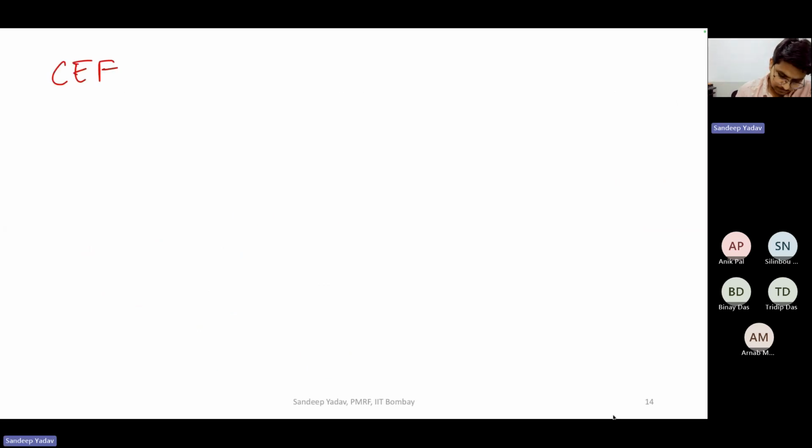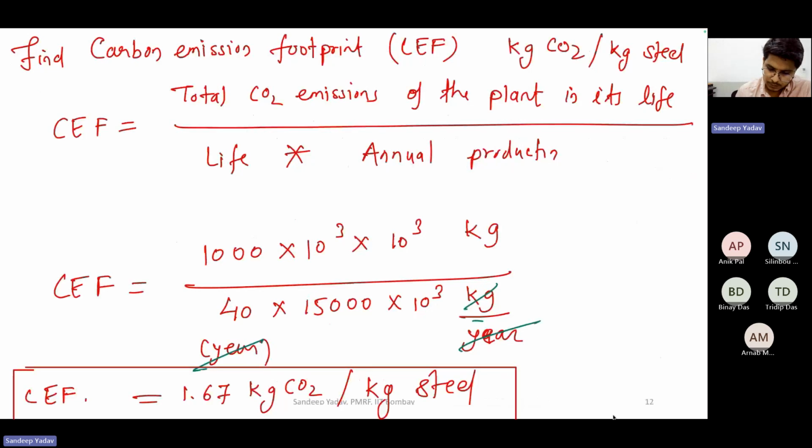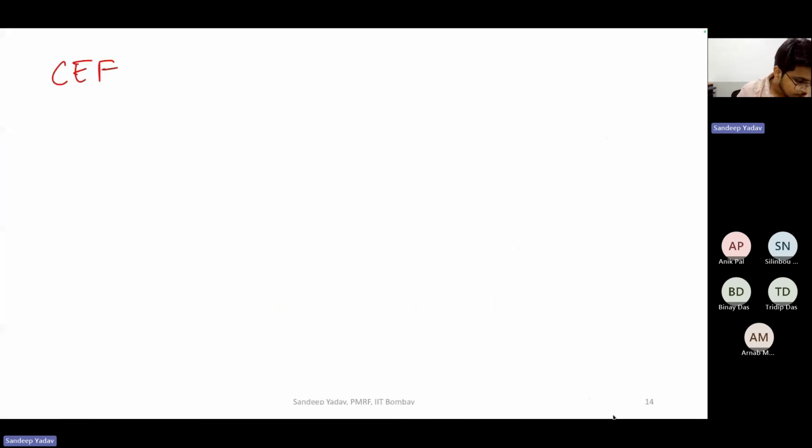So CEF, we've just taken, is the total CO2 emissions of the plant in its life divided by the lifetime into the annual production. Here it is given 282 tons.